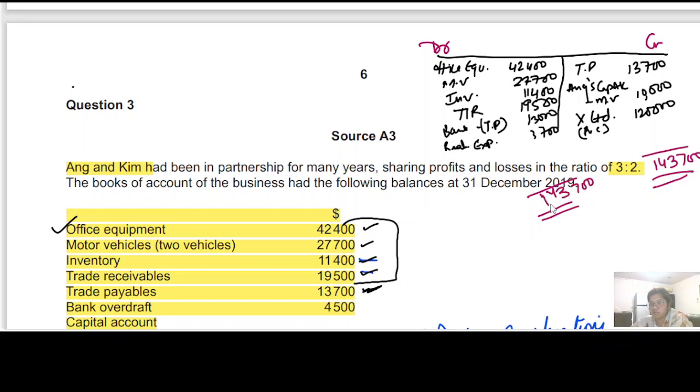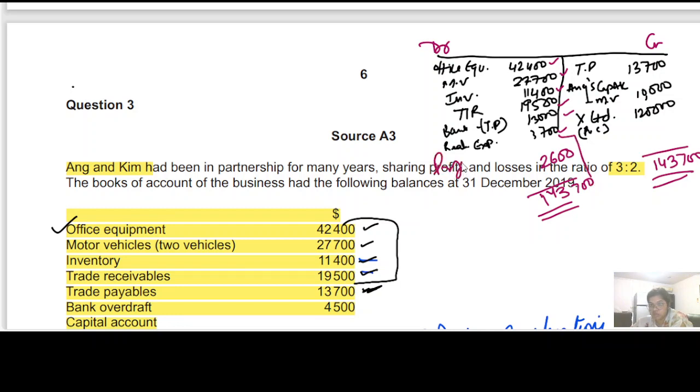Then from 143,700 we deduct 42,400, 27,700, 11,400, 19,500, 13,700 and 3,700. Then we get to know that 2,600 is our profit.